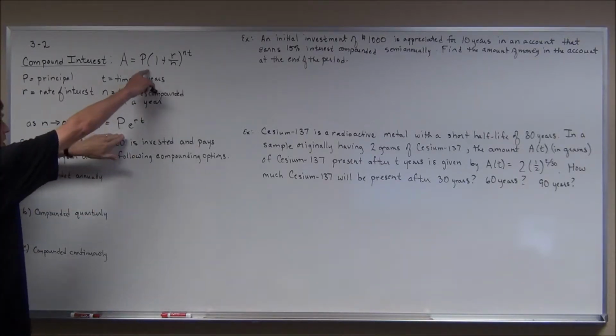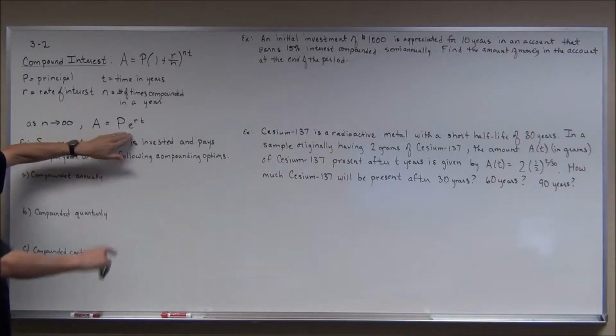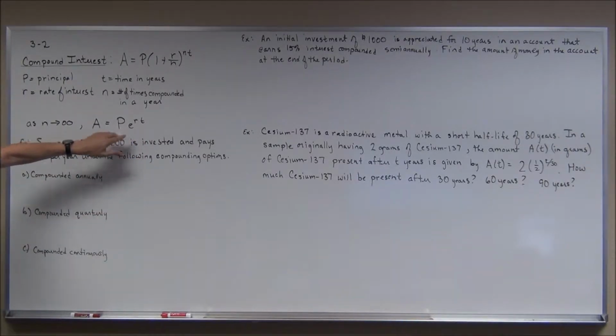This formula turns into this formula, which I always remember because it looks like PERT, where P is your principal, e is the irrational number 2.71828 and so on, that we talked about in the previous video. R is still your rate of interest written as a decimal, and T is still your time in years.